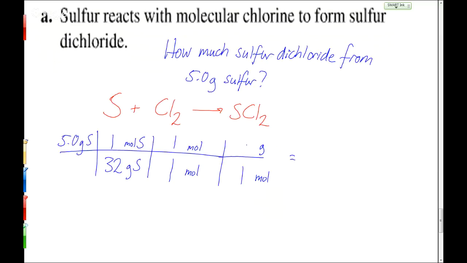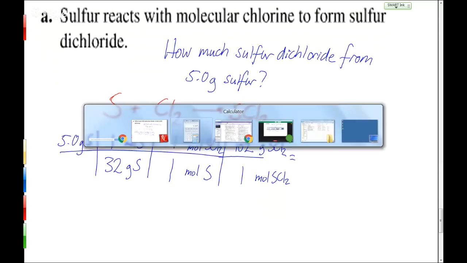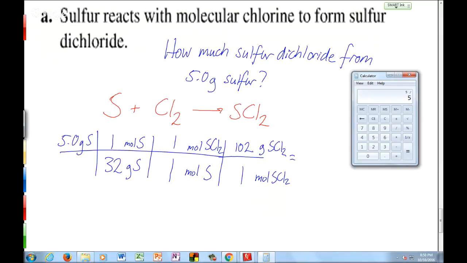Okay, so how much sulfur dichloride from 5 grams of sulfur? So we want to go sulfur to SCl2. It's like 102, 103 grams. 102. Okay. 5 divided by 32 times 102.